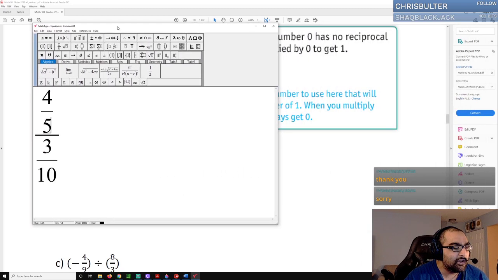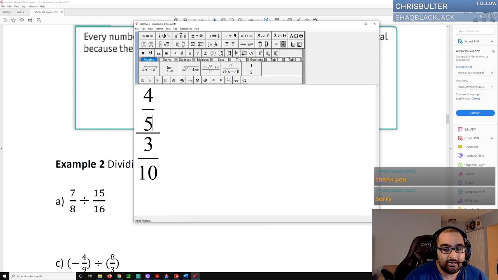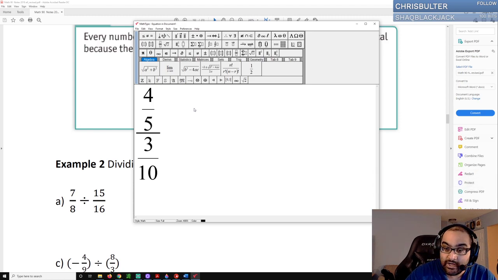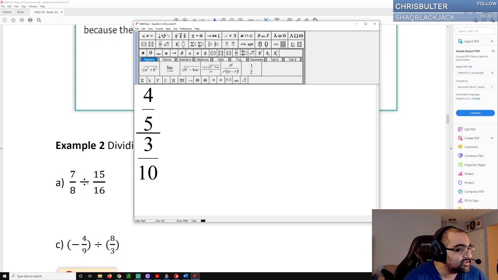Now I'm going to talk about some things that are rather important when we have a question like this, because sometimes it's written with the division symbol straight up just like this, or it could be written as 4/5 over 3/10 like so. Sometimes it can be confusing because it looks like four numbers just stacked on top of each other.